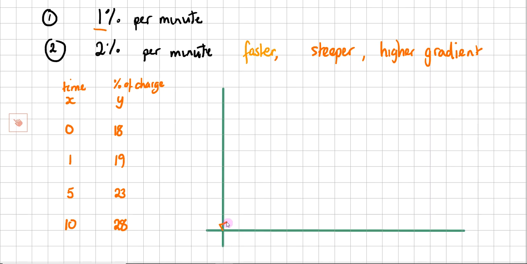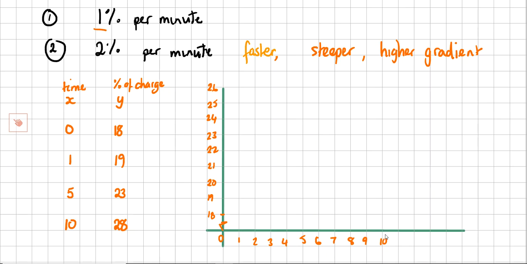I'm going to put a little wiggly line there because I'm going to start at 18, 19, 20. I don't want to go all the way down to 0 because that's not of interest to me. But I'm going to go 0, 1, 2, 3, 4, 5, 6, 7, 8, 9.